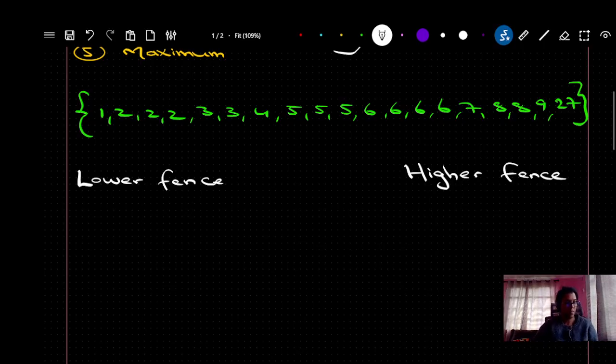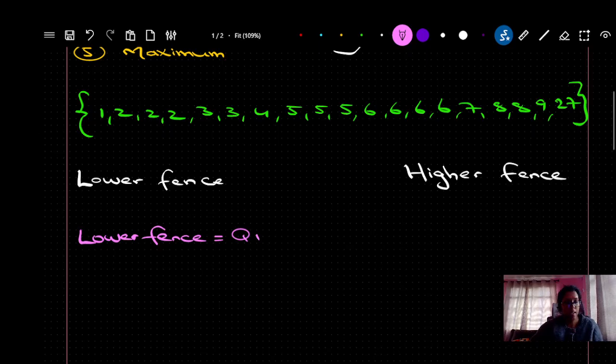For the lower fence, we have a formula which is Q1, the first quartile, minus 1.5 IQR.